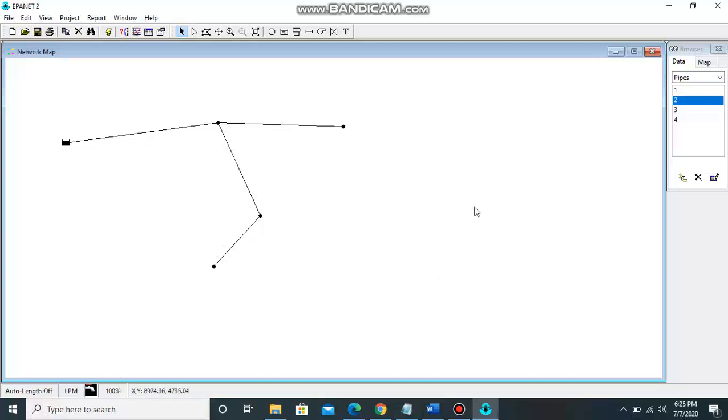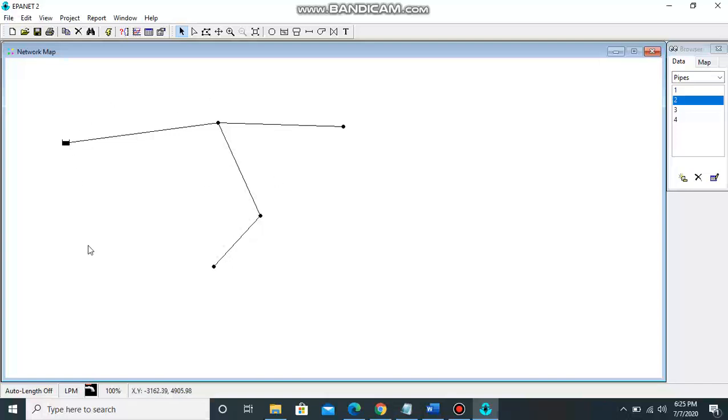After we geotag, we input it to Google Earth, and Google Earth provides us the distance of our plan for the water distribution system.